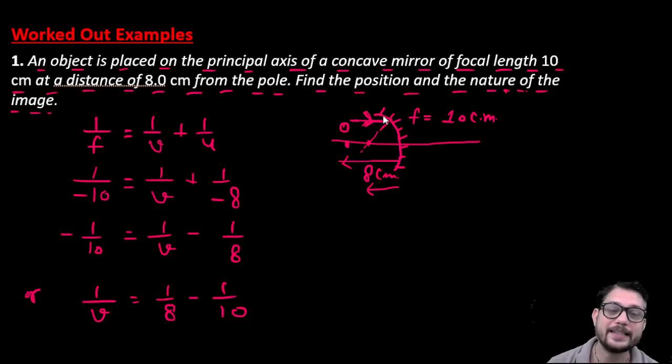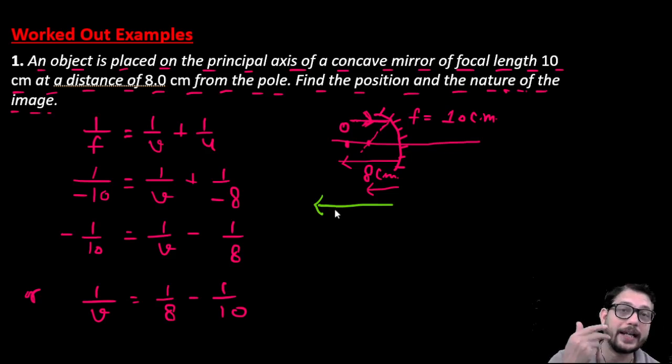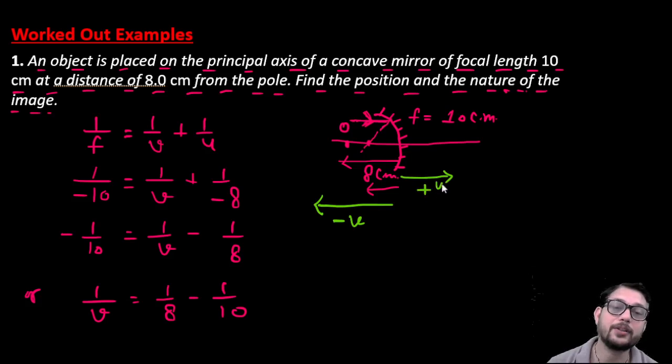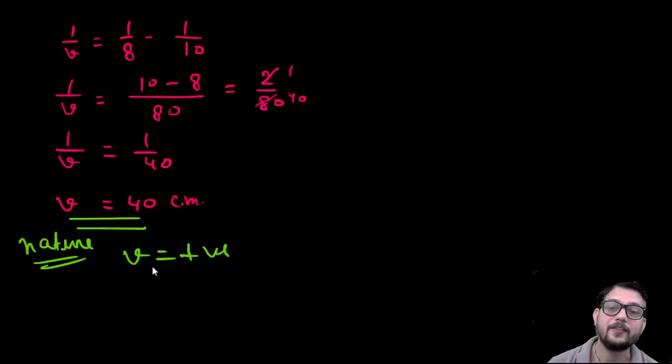As I have told you, this is your mirror, and whatever the distances are in this direction, opposite to the direction of the incident ray, that will be negative, while in the direction of the ray, that will be positive. And here v is positive.